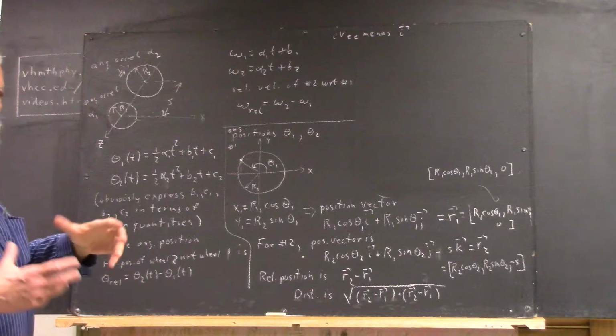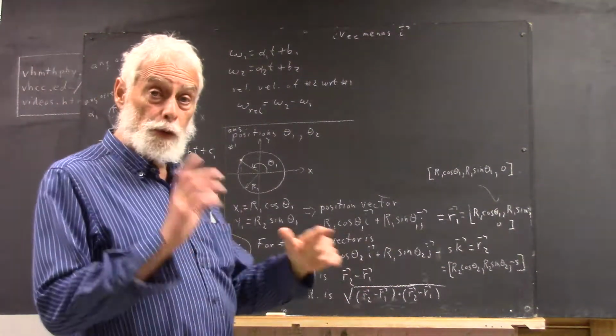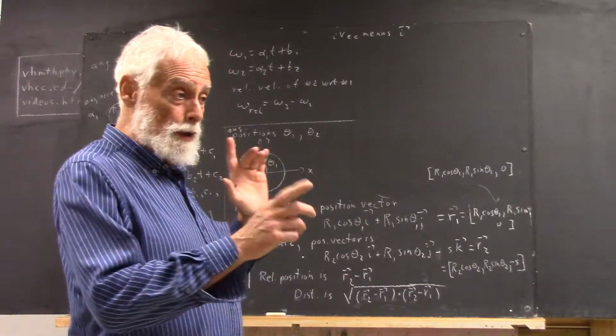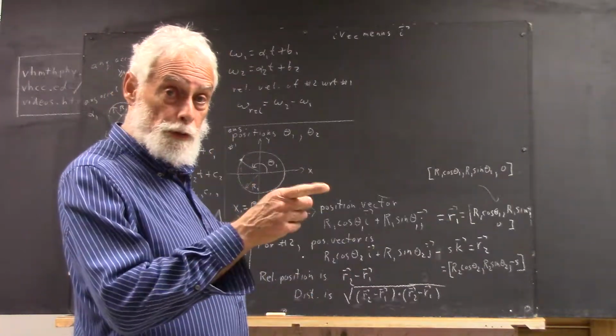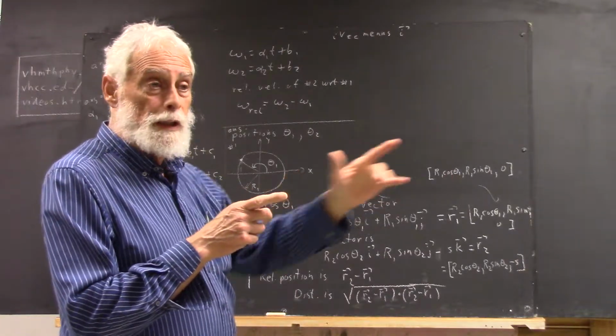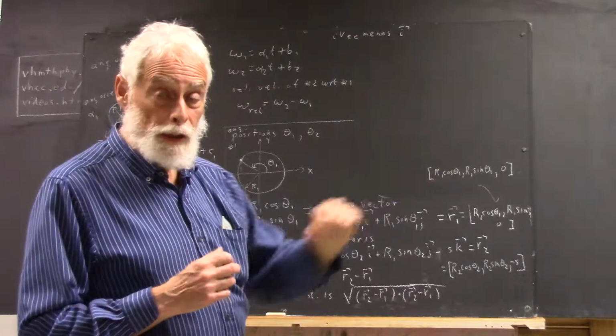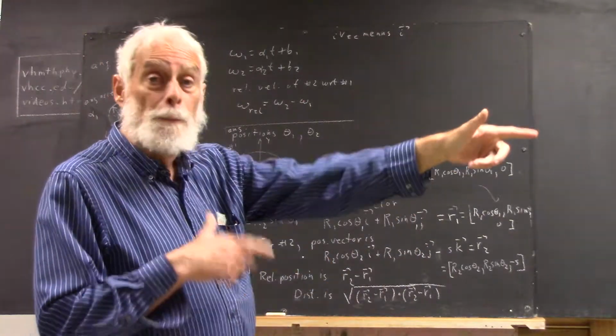Now, what's the relative angular position? As we've discussed, if you're driving down the road and another car passes you, if you consider your direction of motion to be positive, then that car is moving at a positive velocity with respect to you. And that positive velocity is his velocity minus your velocity.